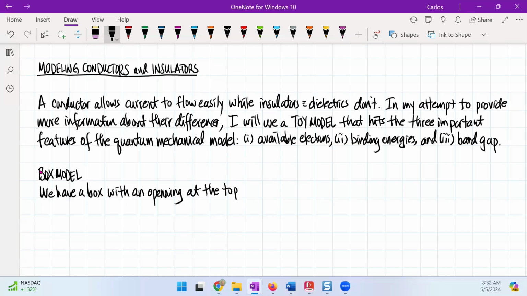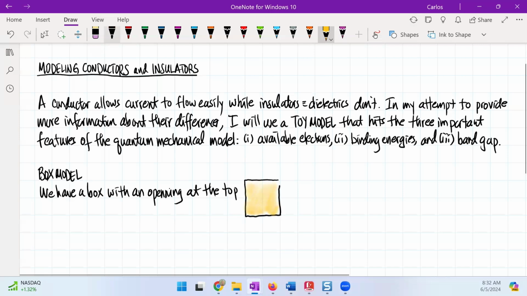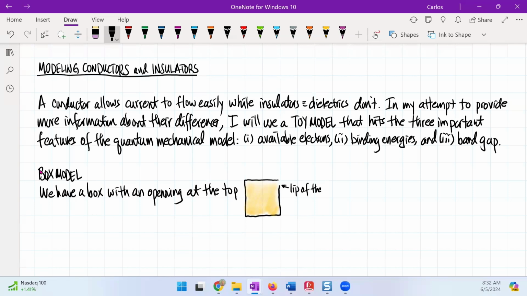So I imagine that I have a box that's going to look something like this, and then I have the opening here. So this is the box that I'm going to try to look at. And one of the things that you're seeing here is that here's the opening, but this is the lip of the box opening.